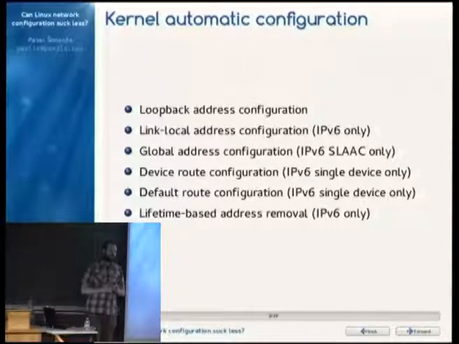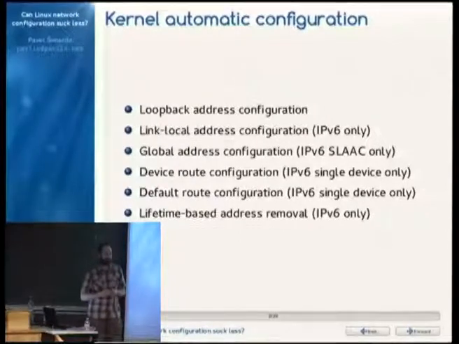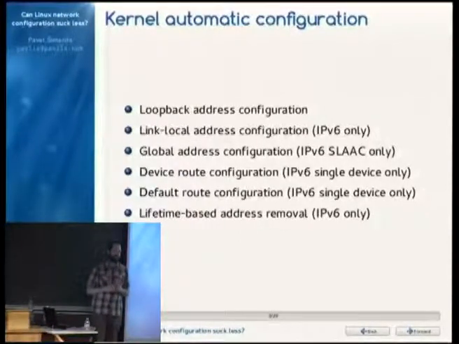When it configures your public addresses, it can also configure the default route. It can configure the device routes, which are usually viewed as parts of the addresses. If anybody doesn't know, the device routes are what you get by using your IP address and net mask or prefix length.